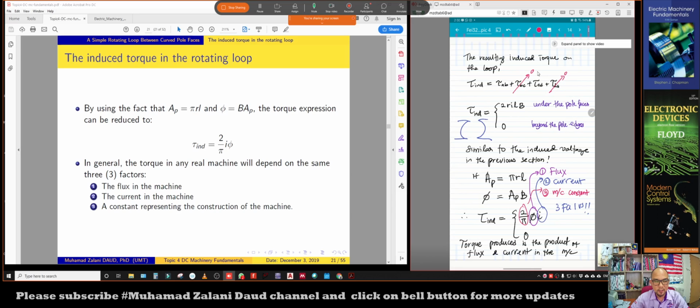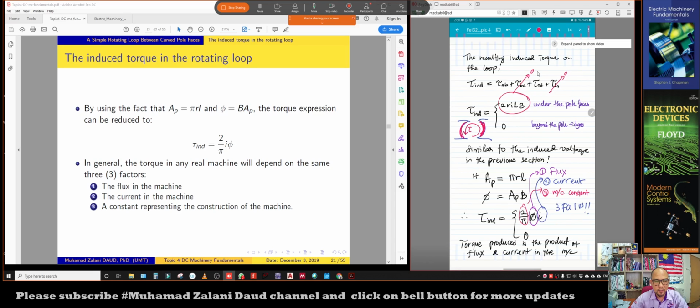So under the pole faces, which is under this area, the torque induced is 2rILB.